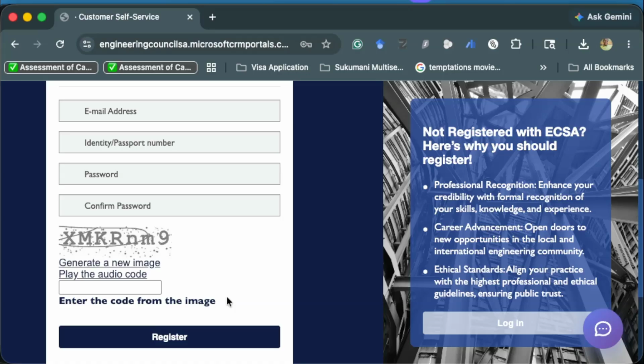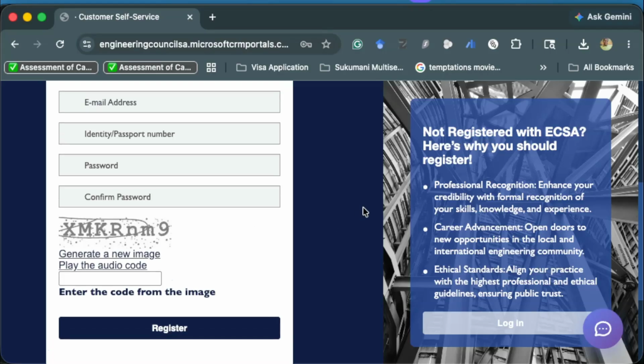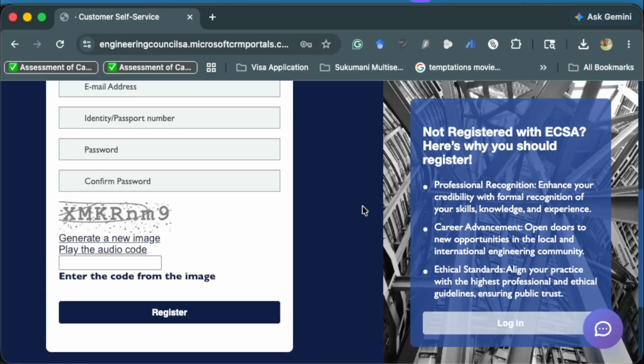You will then receive an email indicating whether you have been registered. If you created an account many months ago and don't remember your password or username, please contact ECSA. They will be able to reset the information for you.